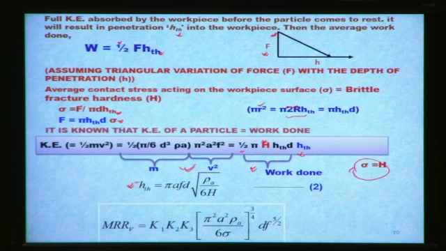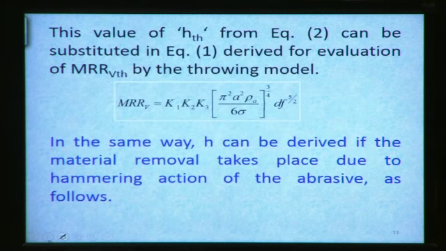If we now put this value into equation 1 for calculating the volumetric material removal rate, we shall get it in this form. This is the volumetric material removal rate in case of the throwing model. So this value of h_th from equation 2 can be substituted in equation 1 for evaluation of the volumetric material removal rate by the throwing model.